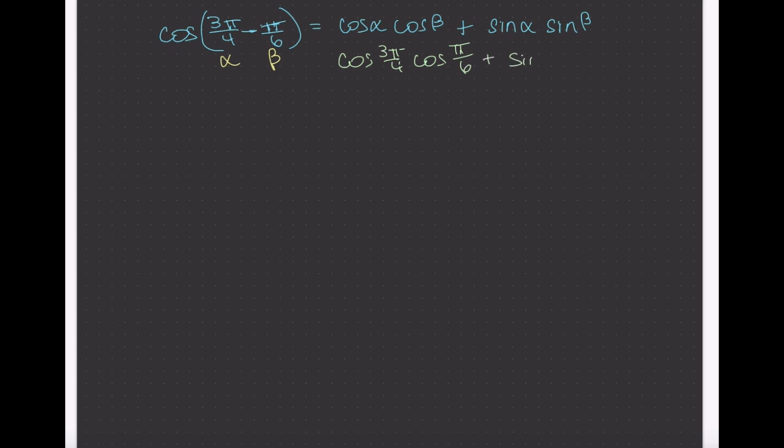Plus sine of alpha, 3 pi over 4, times sine of beta, pi over 6. So now we got two options. Because they gave us those pi's, we know that it's in radians. So I know we went through and we filled out our unit circle and we filled in the radians. So we can look for the radians and figure out what our cosine of 3 pi over 4 is.